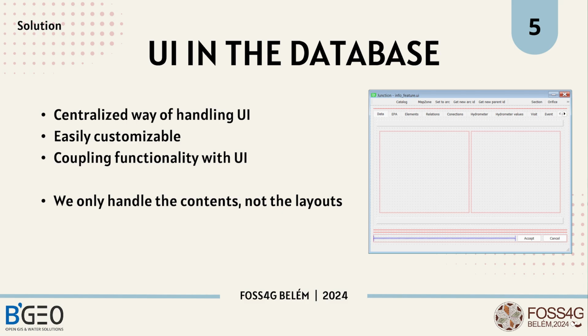So when you ask the database, hey, I want to create a new visit, the database will return, of course, the usual information about what's the new ID of this visit and the basic information, but will also return a list of fields that the user needs to be shown.